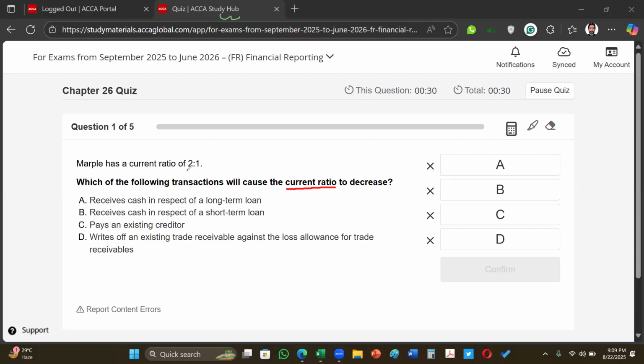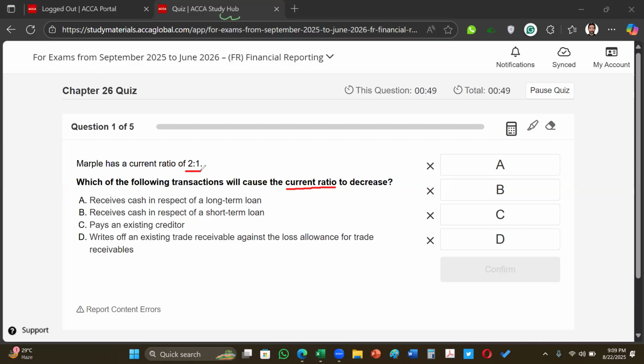We look at these various options and see which would decrease the current ratio. The current situation is 2:1, which could be regarded as 200 to 100. The current assets would be 200 and the liabilities would be 100. So this is the current situation.